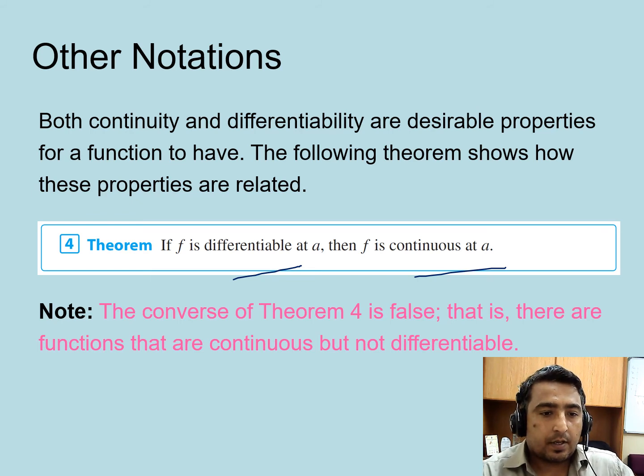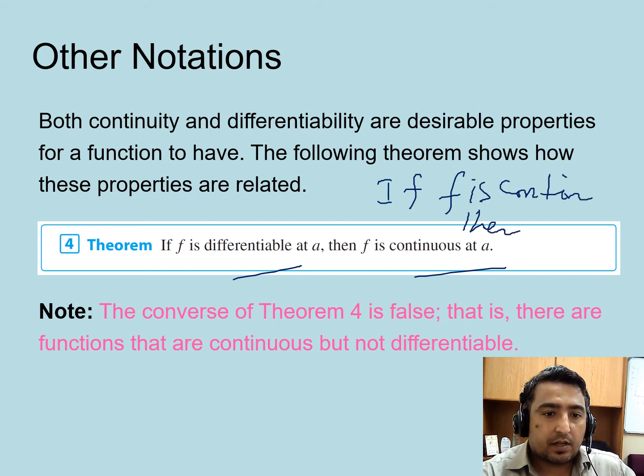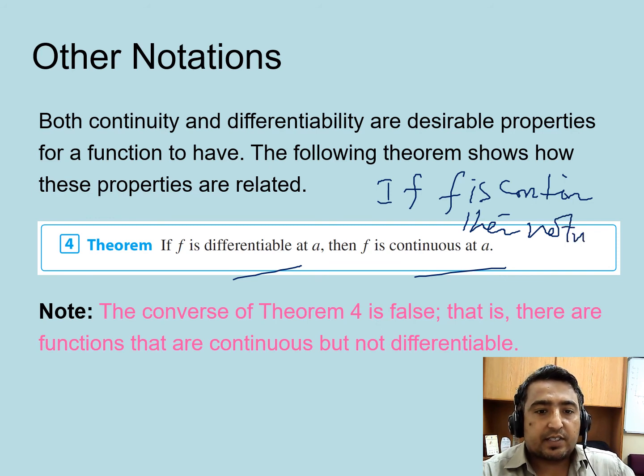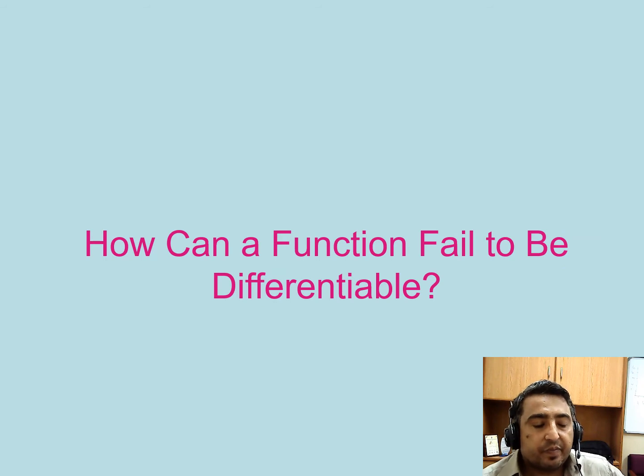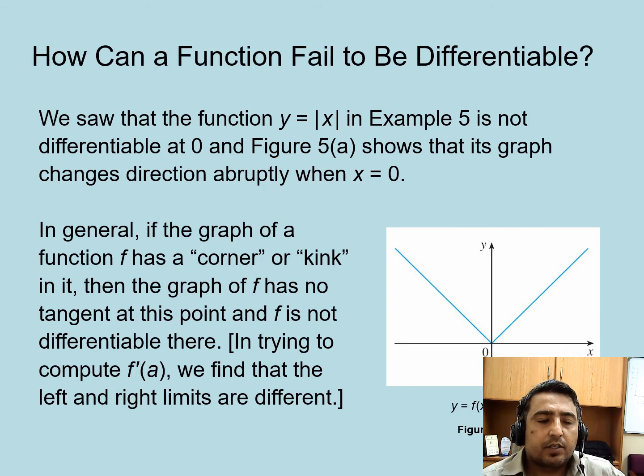And the converse of this: if f is continuous, then f is not necessarily differentiable. It's the inverse, right? Now the question is, in what situations does a function fail to be differentiable?